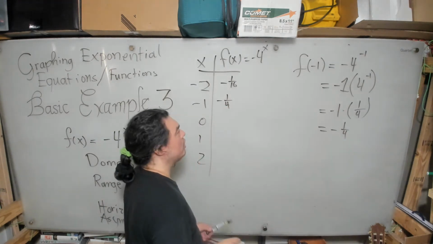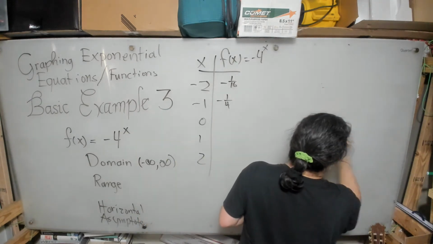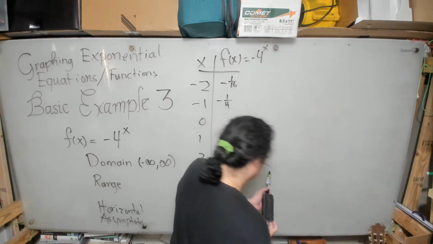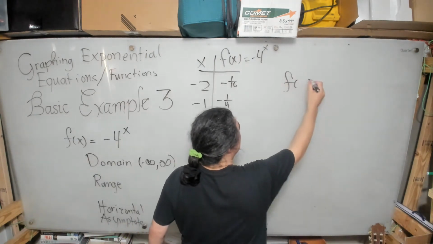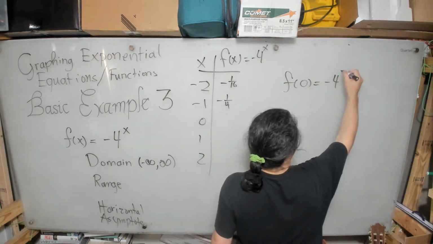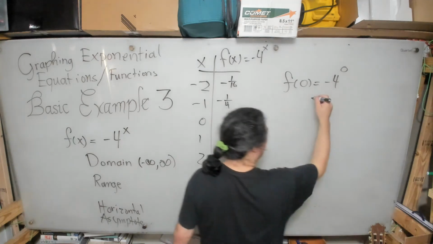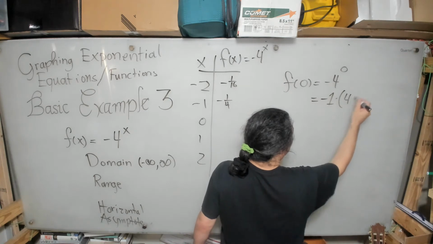Now, I want to calculate f of 0. So what is f of 0? F of 0 is equal to -4 to the 0th power. But what is that? That's going to be -1 times 4 to the 0th power.